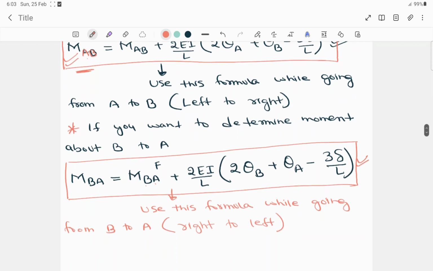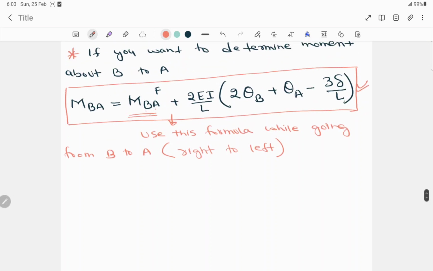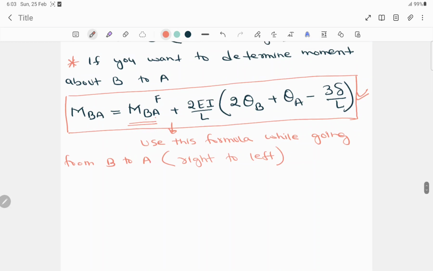Now for finding the fixed end moment, this is the fixed end moment about B to A. For the fixed end moment, we have to remember some formulas. Now I'll explain. FEM is nothing but the fixed end moment.